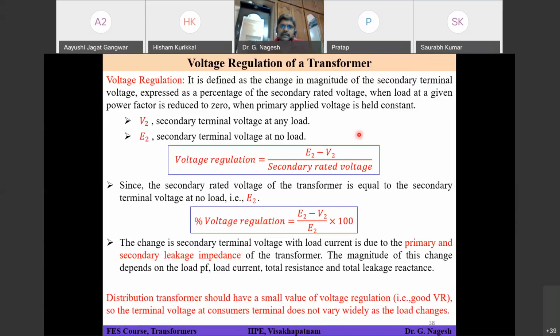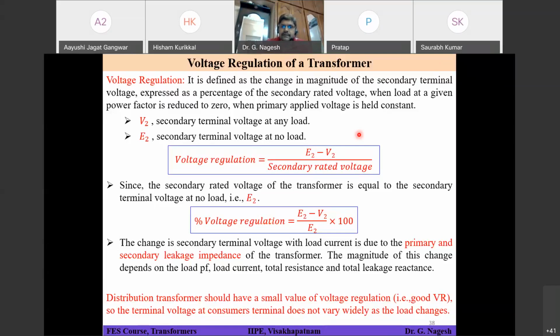Now I'm talking about the transformer, not the distribution line. Even though the transformer was rated like 2500 by 230 volts, that means at the secondary terminals it is specified as 230 volts. But if you exactly measure the voltage on the secondary side, it may not be 230 volts, it will have some amount of change.